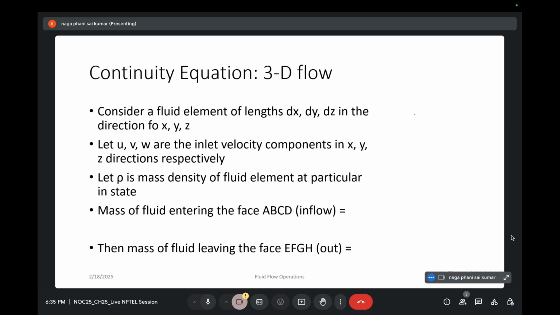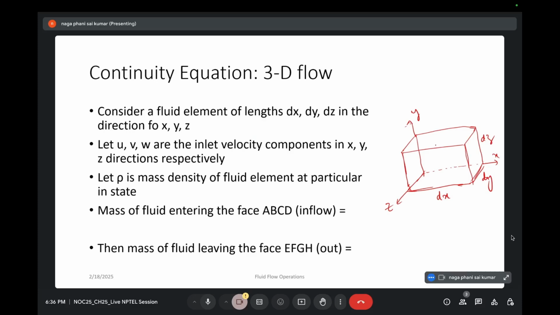So let's consider a fluid element which is having lengths of dx, dy, and dz, in x, y, and z directions.